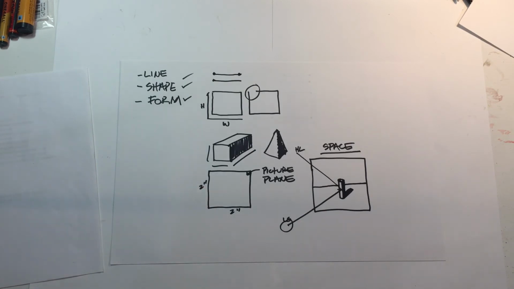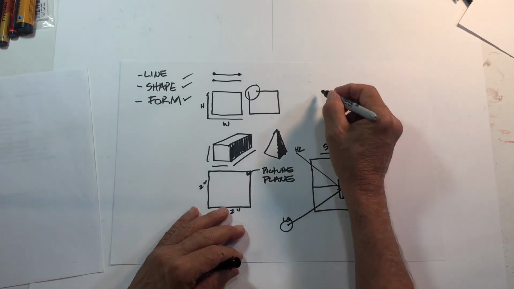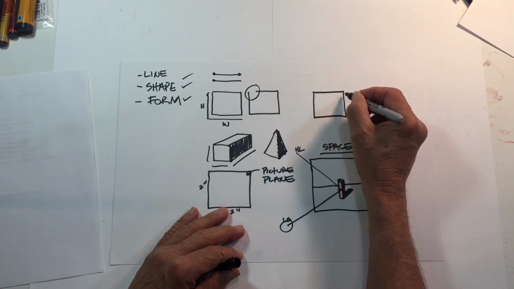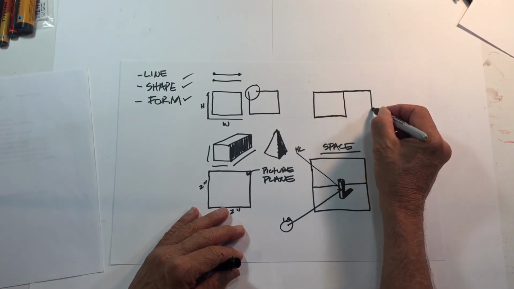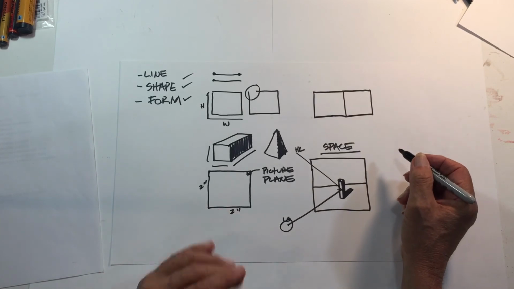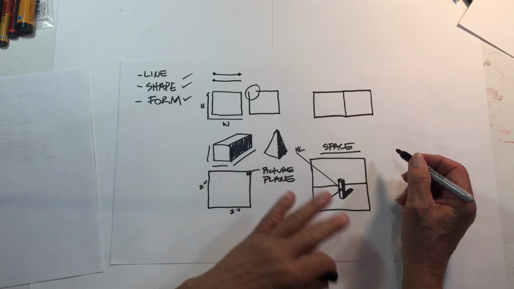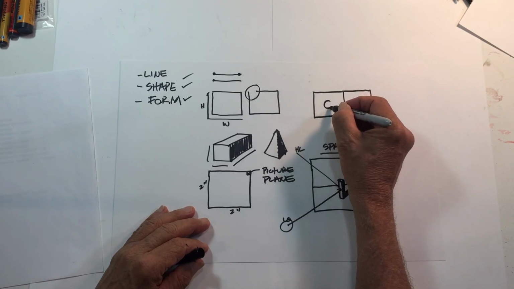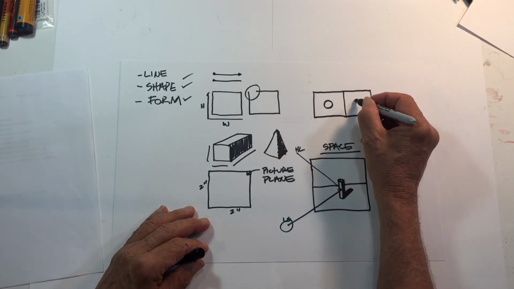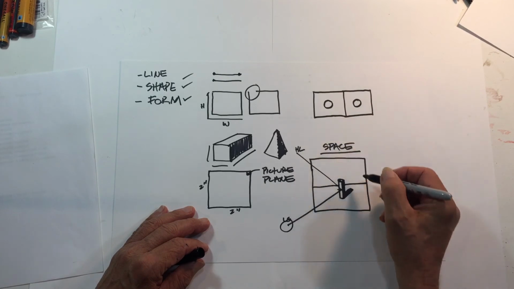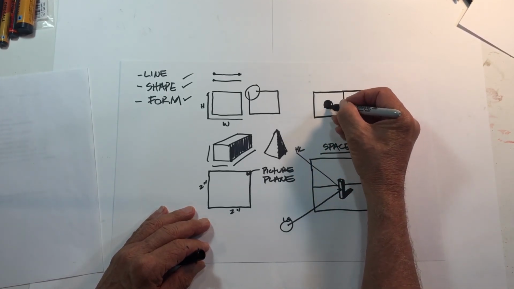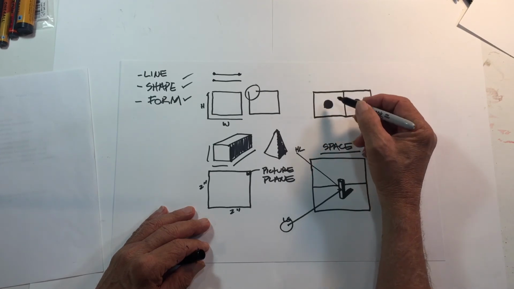Okay, so now to lead up to what we're going to do next, in our next tutorial, we're going to do a thing called positive and negative. I'm purposely using this black marker here because I want to show this high contrast. So if I have the same drawing, I can think about that drawing as being a positive and a negative.